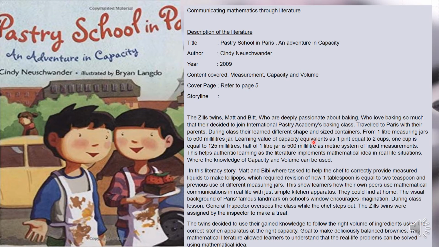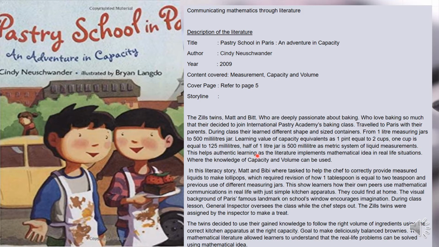They learned capacity equivalents: 1 pint is equal to 2 cups, and 1 cup is equal to 125 milliliters. Half a liter is equal to 500 milliliters in the metric system of liquid measurement.